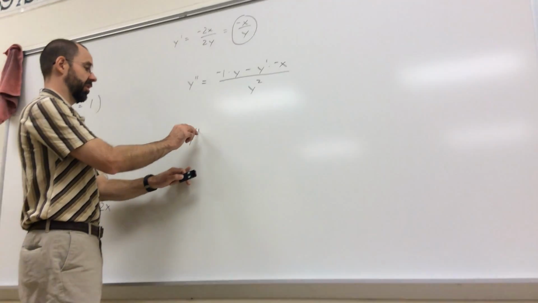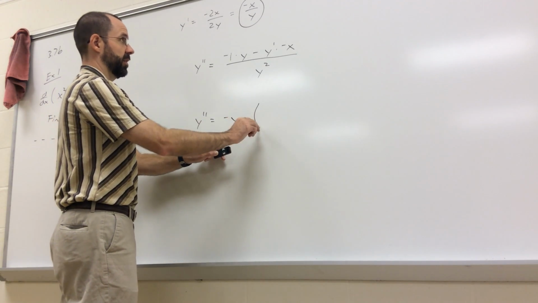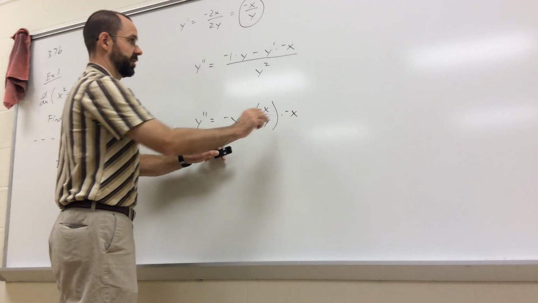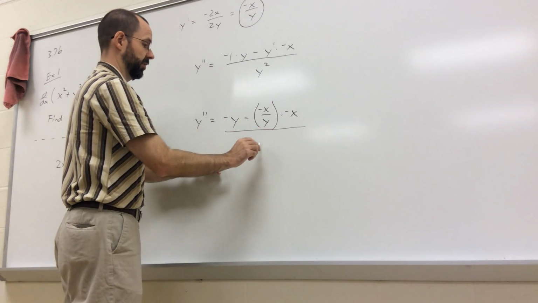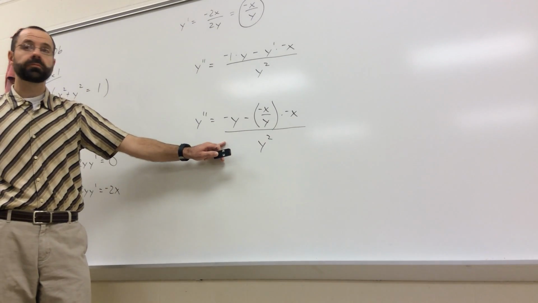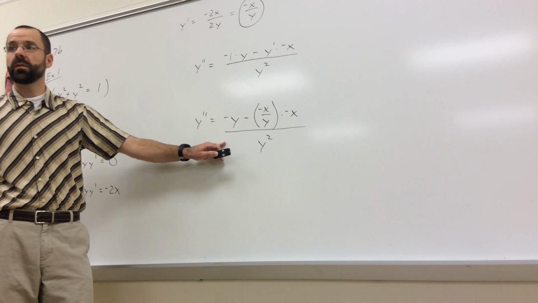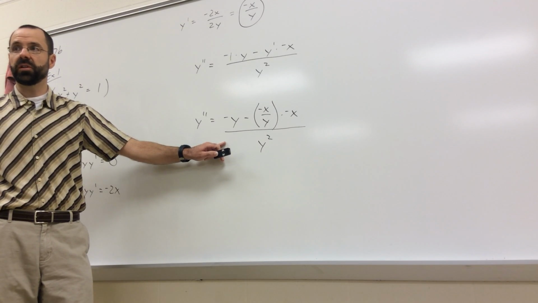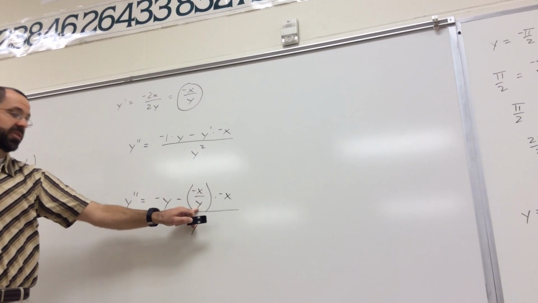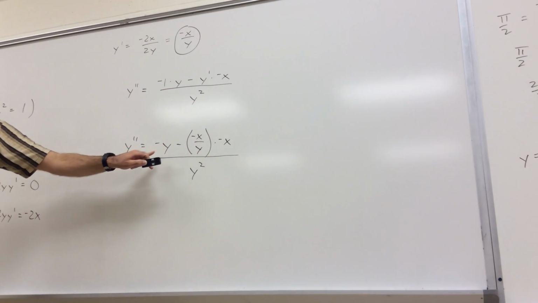So y double prime is negative y minus, and then y prime is negative x over y times negative x, all over y squared. Bless you. So the only thing new here is, instead of writing y prime in our answer, we're putting the equation for y prime in the place of there, the equation we got earlier.